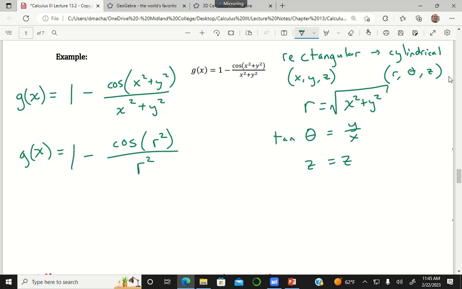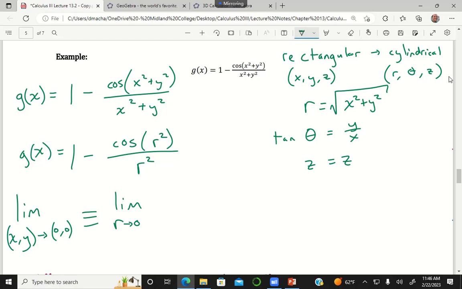Now if I wanted to take the limit as x and y approach the origin, I could take the limit as r approaches 0. r is the distance from the origin.